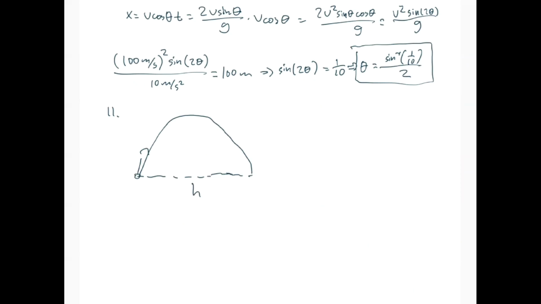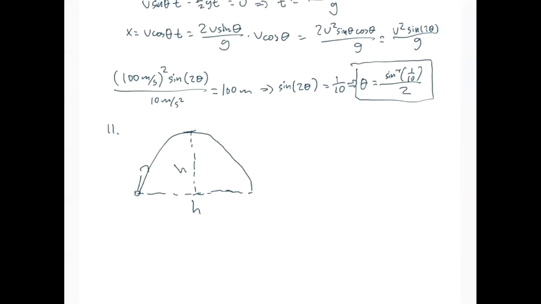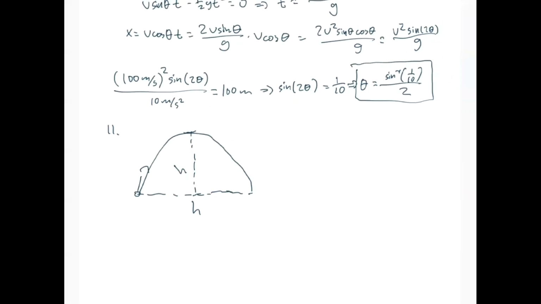But we also know that its maximum height reached is also h. So first of all, let's try to use our work from the previous question. We get that after it reaches the ground, the x it travels is 2v squared sine theta cosine theta over g, and that's equal to h.